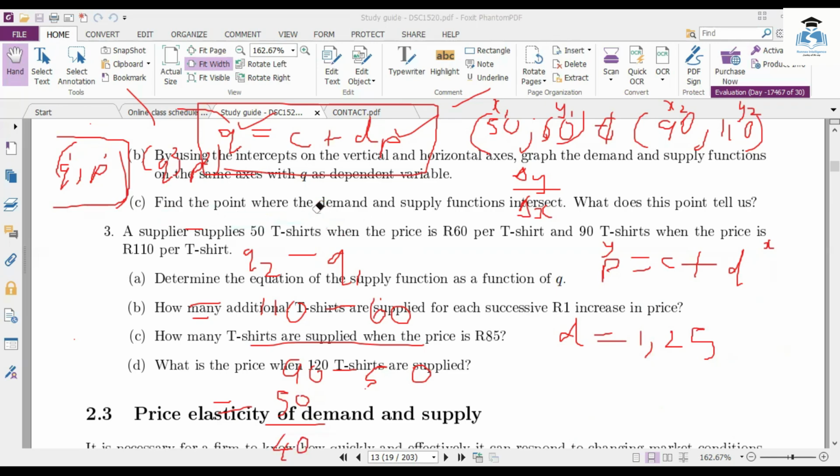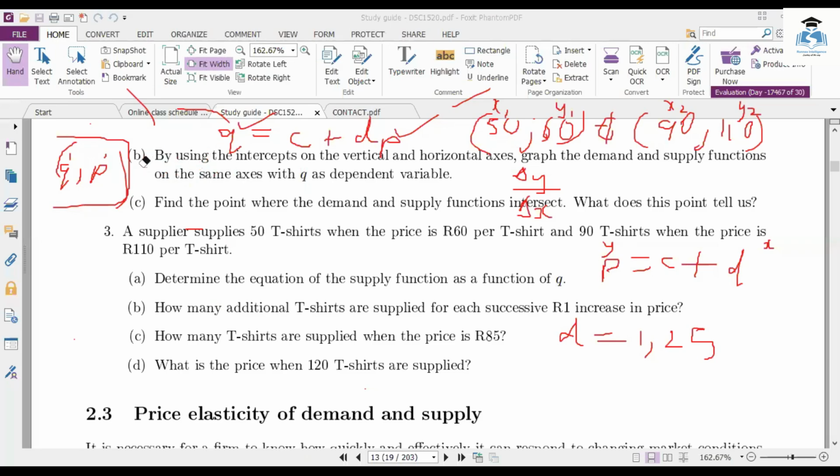So now we know that D is equal to 1.25. So P is equal to C plus 1.25Q.